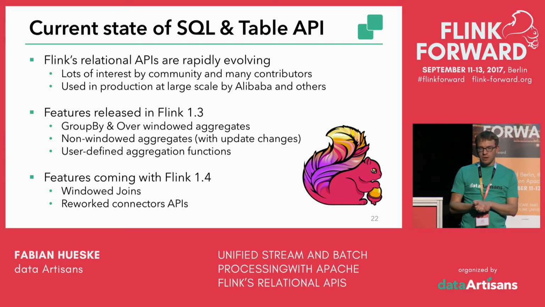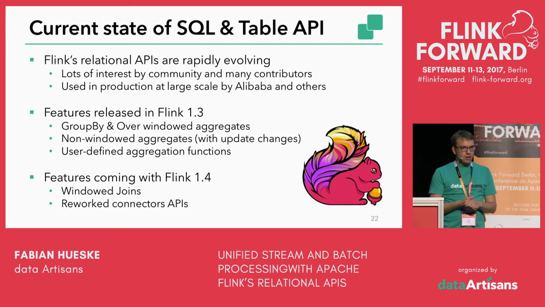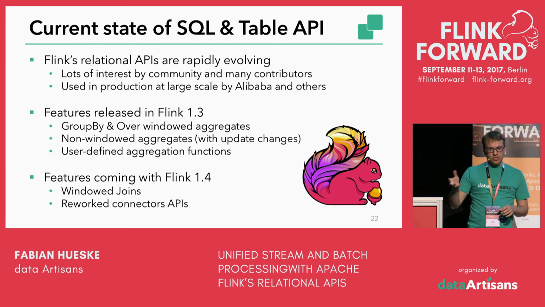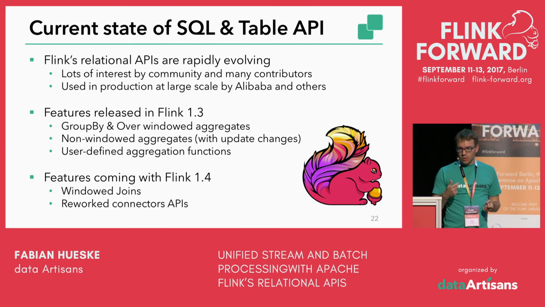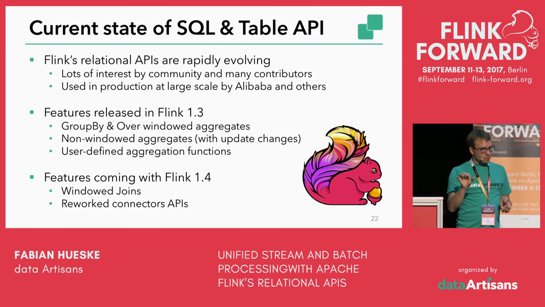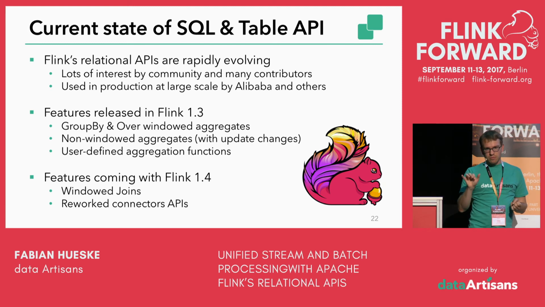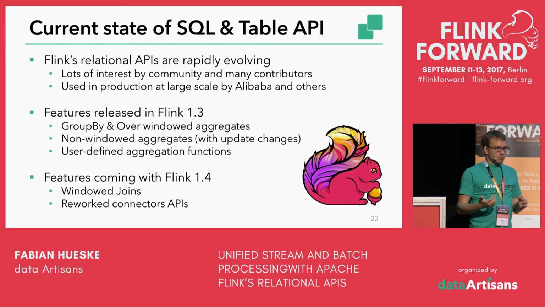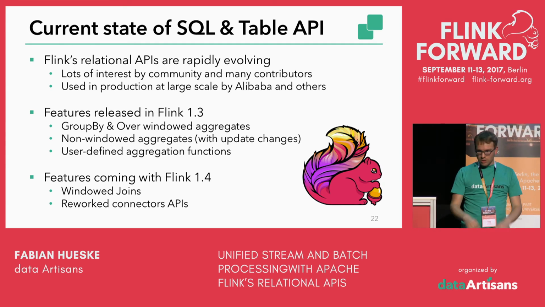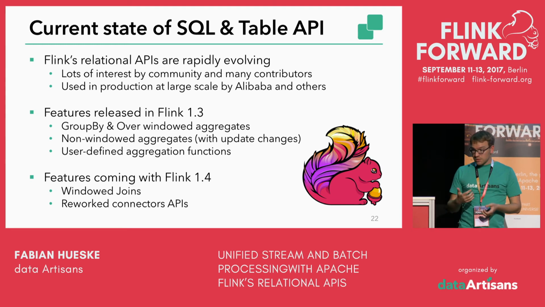In Apache Flink, we released many operations which are centered around aggregations. We released group and over window aggregation, the over aggregations as you know them from SQL. We released non-windowed aggregations, which was the first example where you don't specify a window, which result in updates of changes.